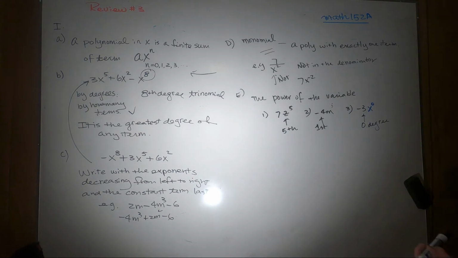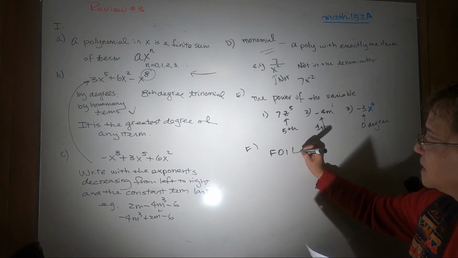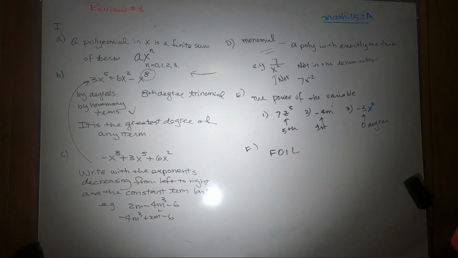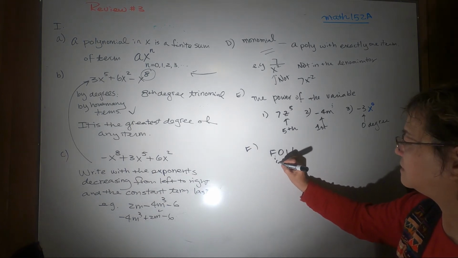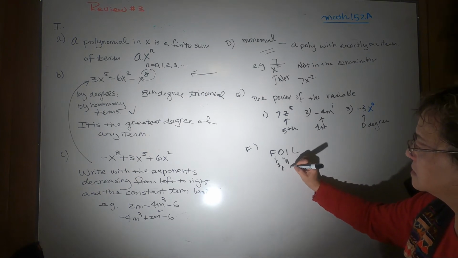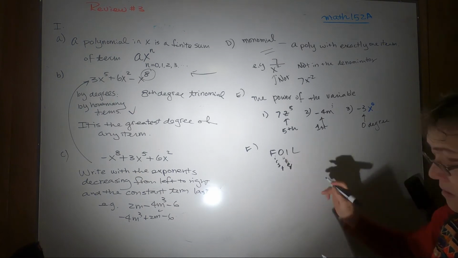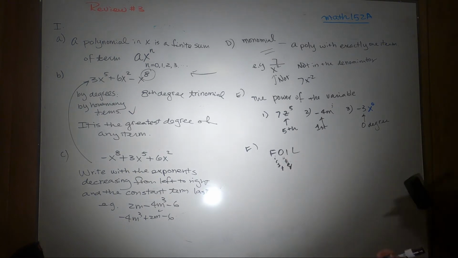Okay. Next one, we ask you, what does FOIL mean? We're not going to test you on this one, but we use it all the time, right? F means first. Then O means what? Outer.